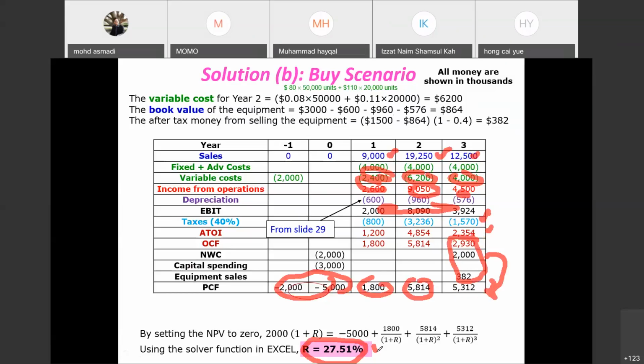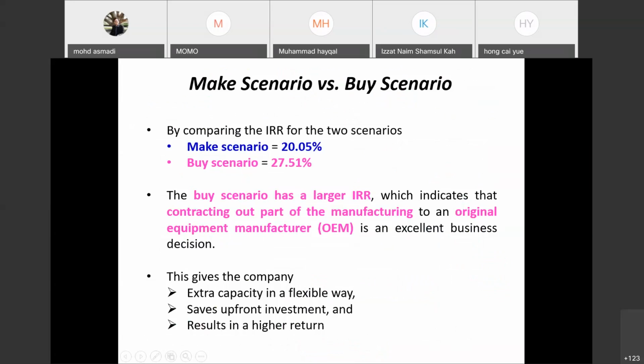So if you compare, this IRR is much greater than the previous one. So we can do a comparison here: the make scenario is 20.05 and the buy scenario is 27.551, meaning that we can choose the buy scenario, which is actually more profitable. So it's an excellent business decision.